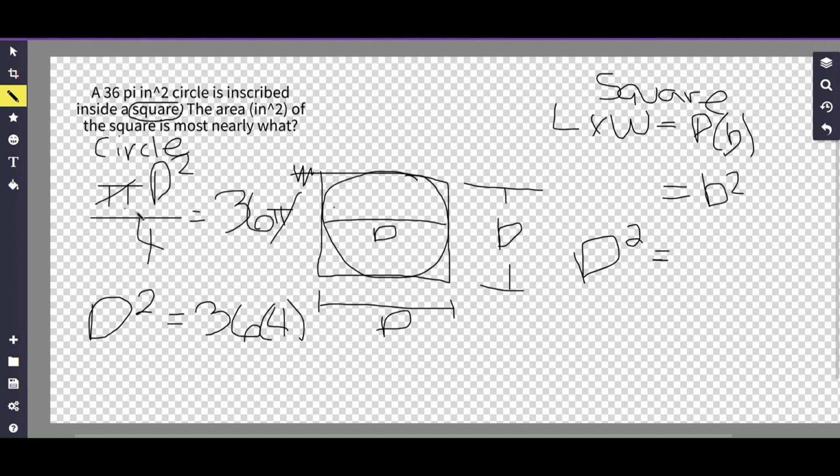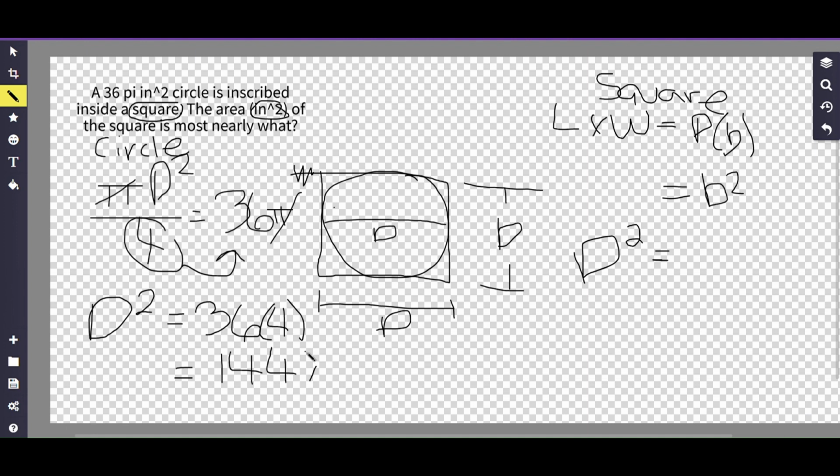Pi's cancel, the 4 comes over to here, you multiply, and so what you get is 144. Now, this d squared is the same d squared over here, so we have a relation there. Also, this 144, what is its notation? Well, that's an excellent question. What did it ask for? It asked for inches squared.